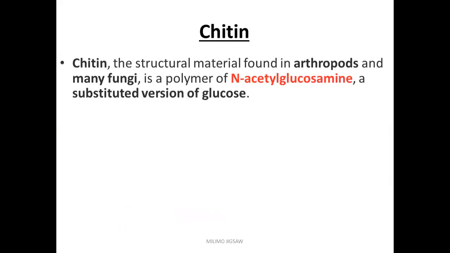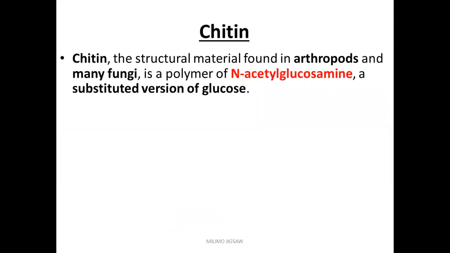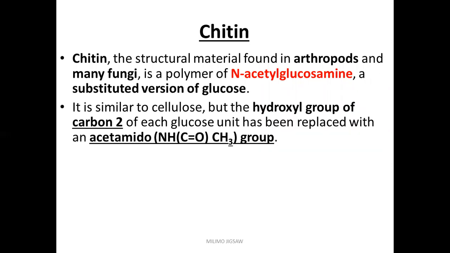Then we have chitin, which is a structural material. Usually this one is found in arthropods and fungi. So it's found in insects and crustaceans.